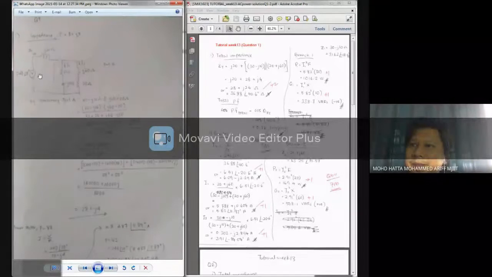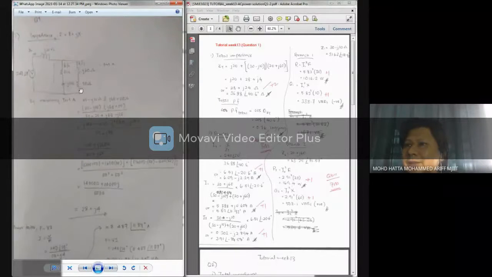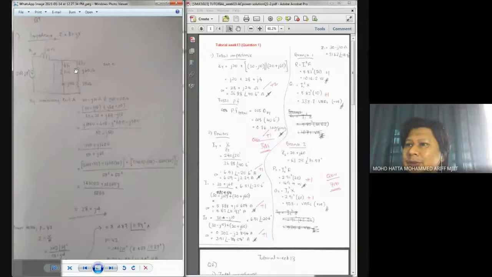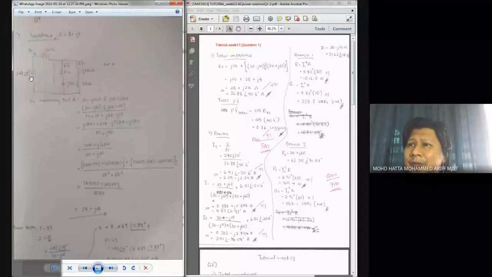So here we have 2 branches connected in parallel. So first you need to solve this one first, and later on in series with the inductor that we have before the source.